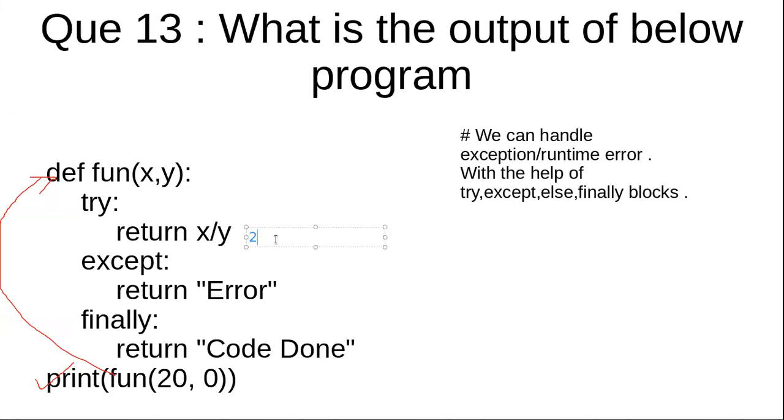So it is 20 divided by 0. 20 is not divisible by 0, so it will produce a zero division error.